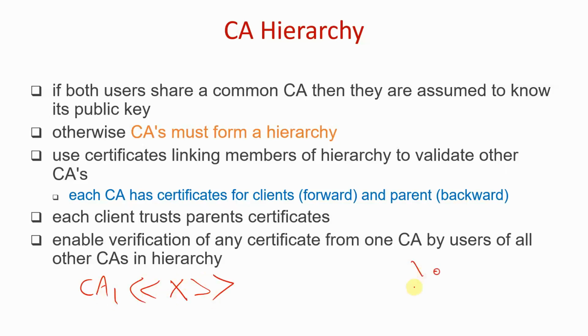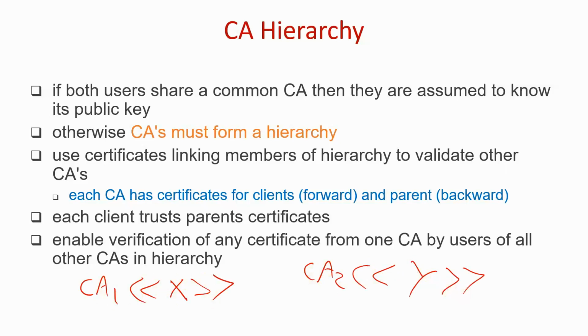And then there is entity Y, and it has a certificate from certificate authority 2. Okay. X has no reason to trust CA2. It only trusts CA1. Y has no reason to trust CA1. It only trusts CA2. So when they exchange the certificates with each other, why would they trust it? It could be a fake certificate.